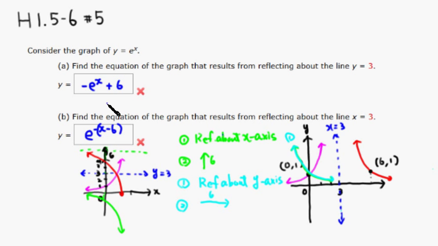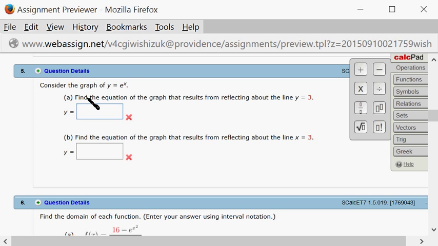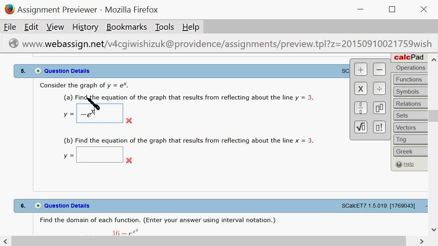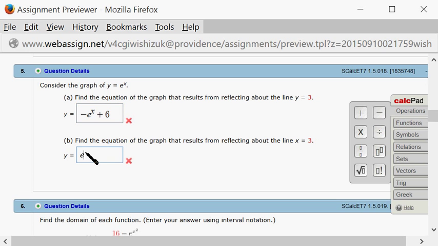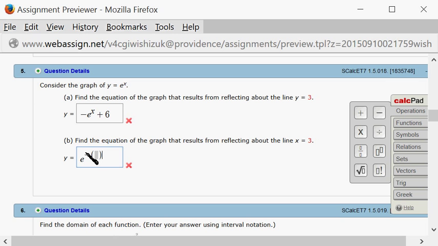So let's type it in. For part A we have negative e to the x raised up by 6 units. And here you have reflected about the y-axis and shifted to the right 6 units.